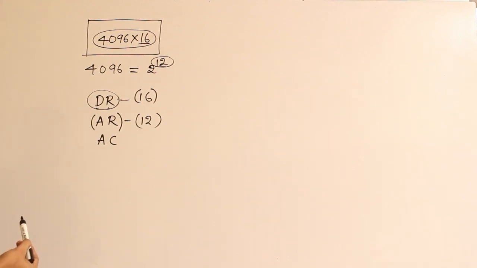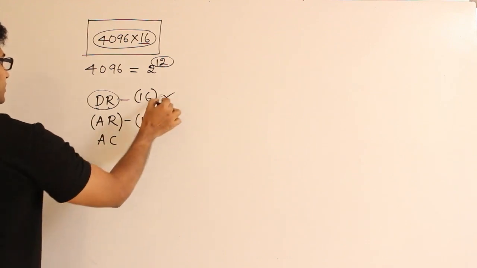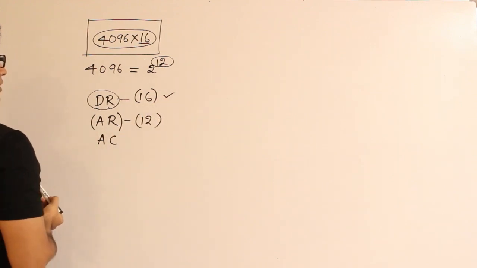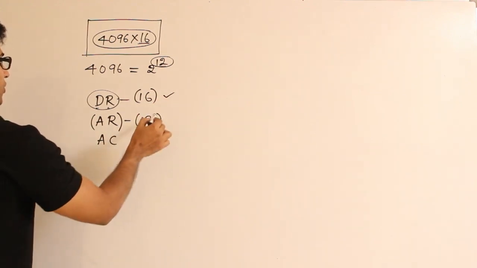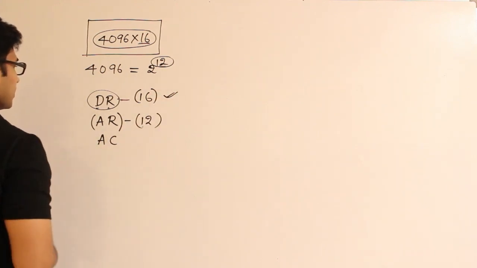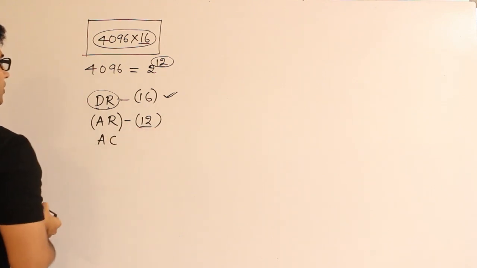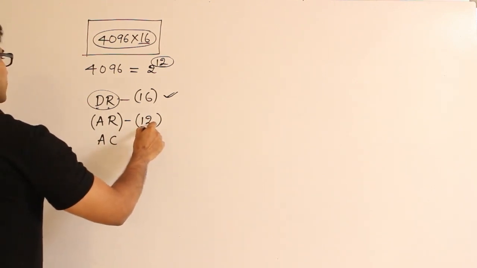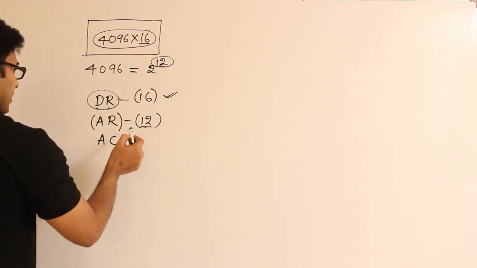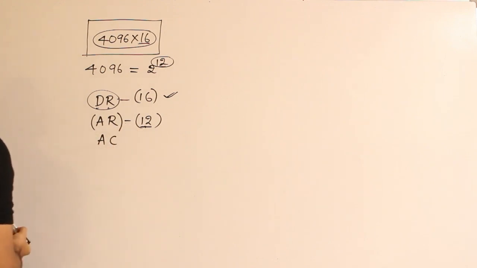Now when you connect all of them to a common bus, the bus size is going to be 16. Then how will the transfer happen from here to here? Anytime you are talking about a 16-bit bus but a register has only 12 bits, then the least significant 12 bits are transferred onto the bus as they are, and the most significant bits which are required but not present in this register will be filled up with zeros.